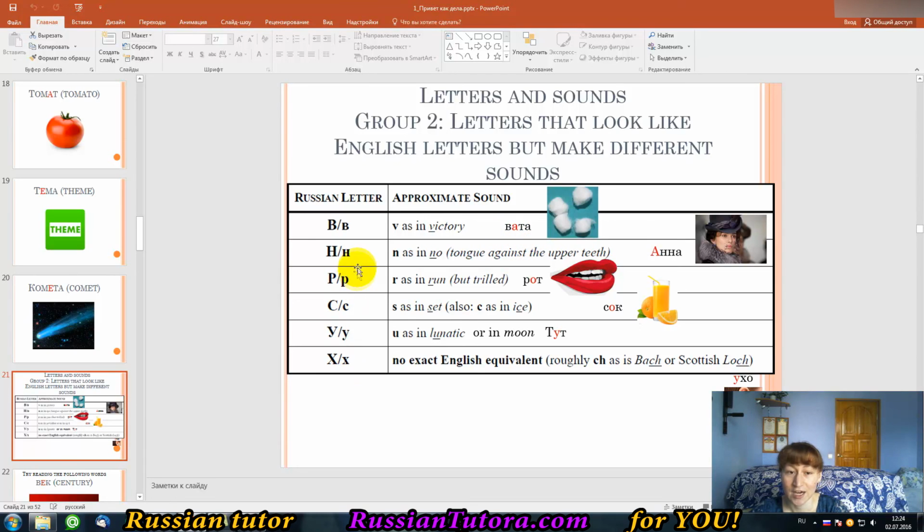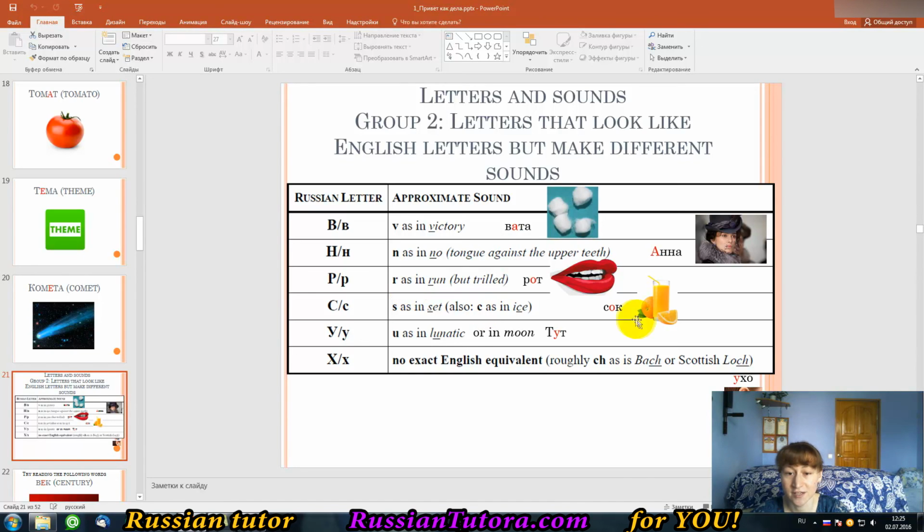The next one is N. It looks like H, but it's actually N. Анна. The next one is R. It looks like P, but it's R. Be sure to trill this sound. In Russian it's trilled.